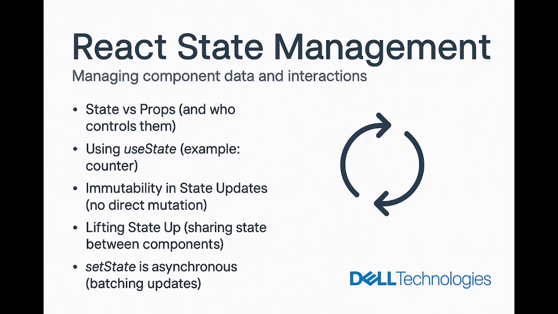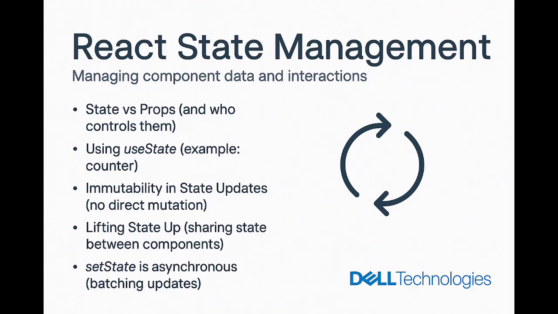For objects, you might use the spread operator: setUser(prevUser => ({...prevUser, name: 'Bob'})) to create a new object with one field changed. Why not mutate? If you directly mutate state in React, for instance in a class component, doing this.state.someField = newValue.